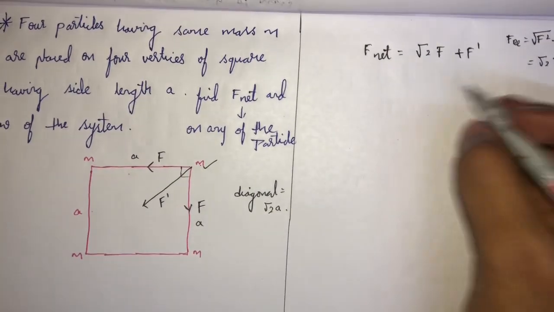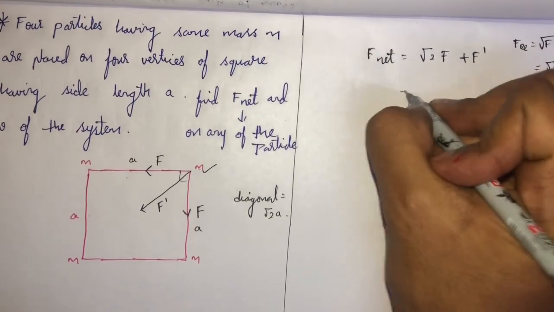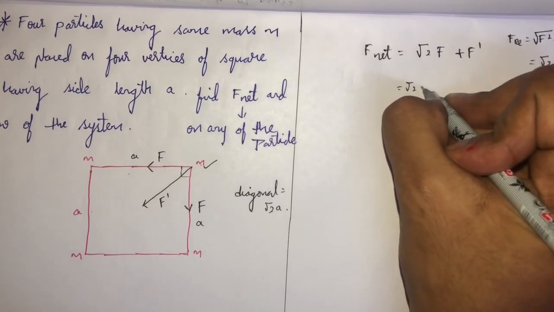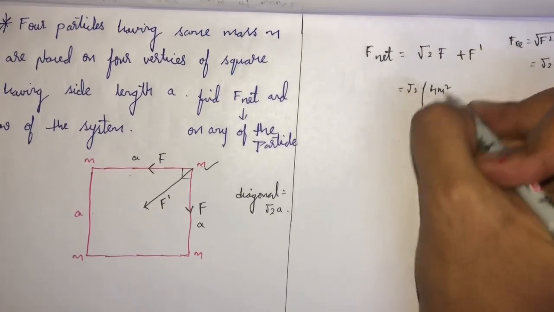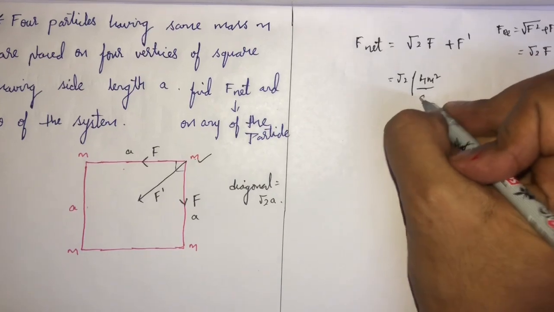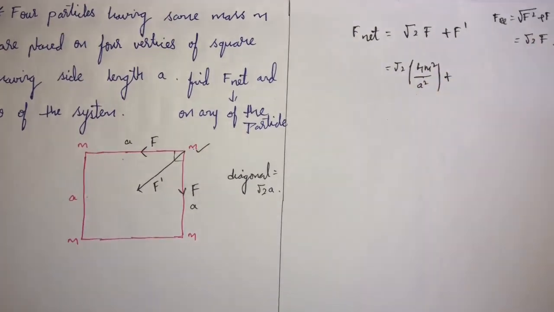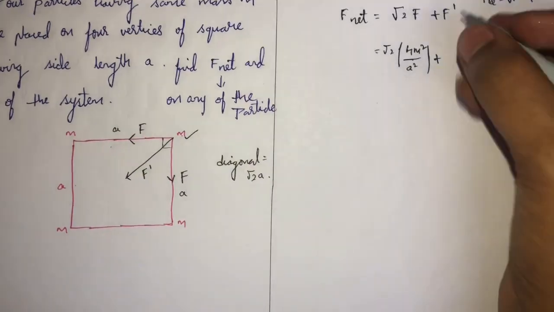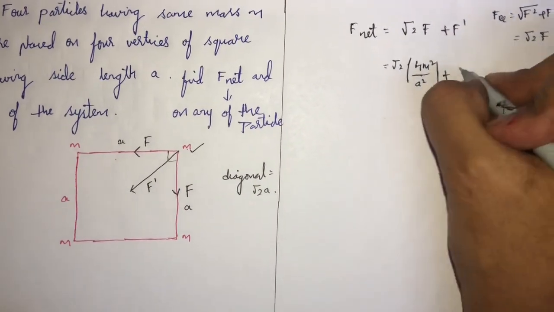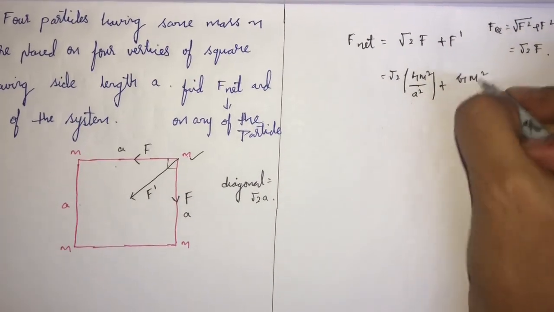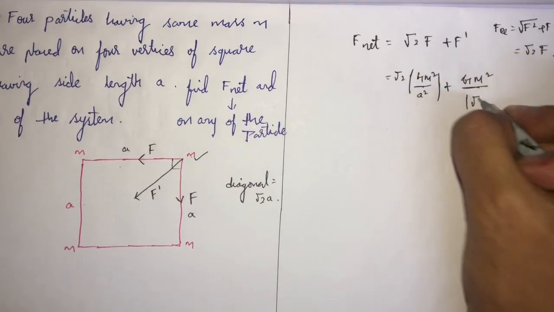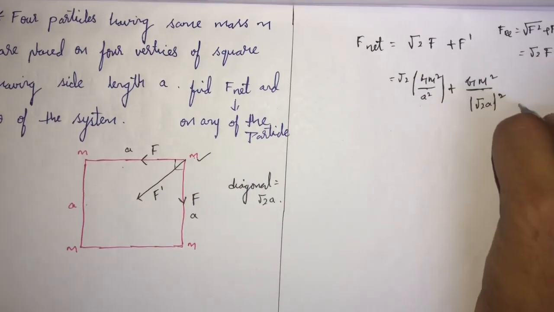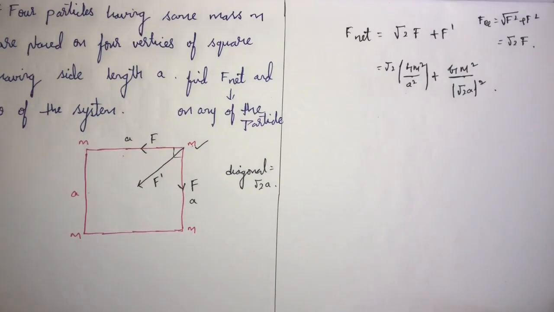So the value of F will be equal to GM square by a square. Then the value of F dash, where the distance is the diagonal, will be equal to GM square by root 2 a whole square. That's it.